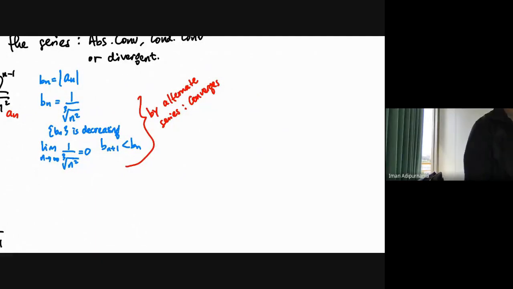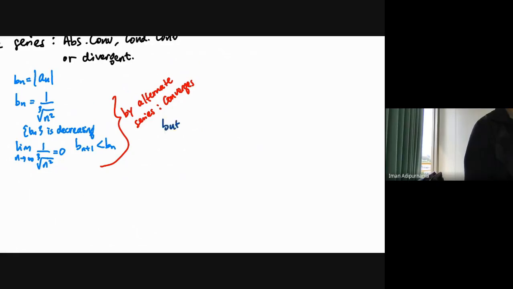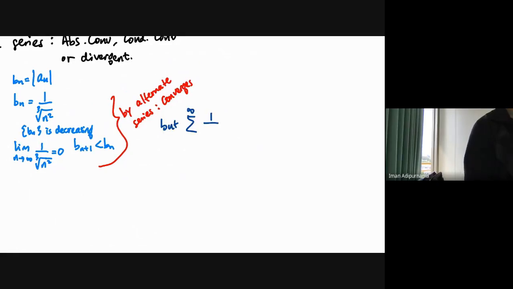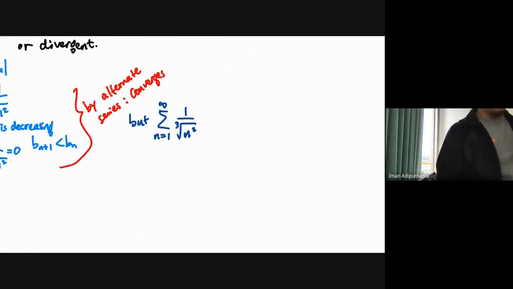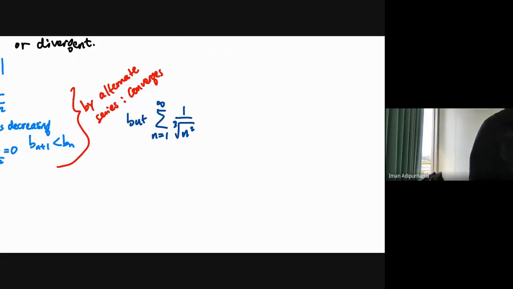But if we take only the b_n and try to determine the series, this is a p-series, right? And p is equal to 2 over 3, which is less than 1, so this series diverges.